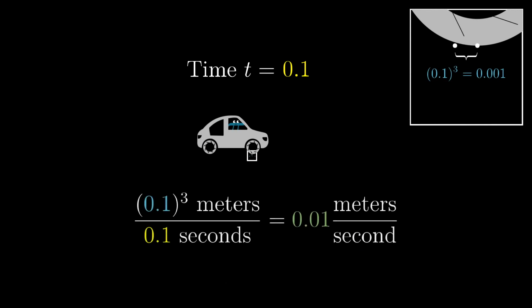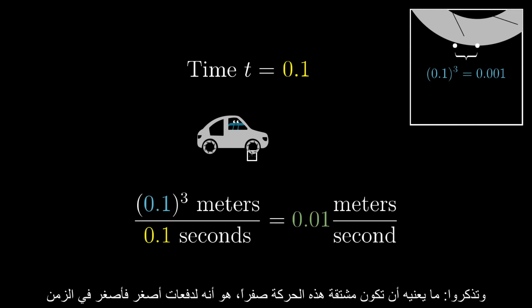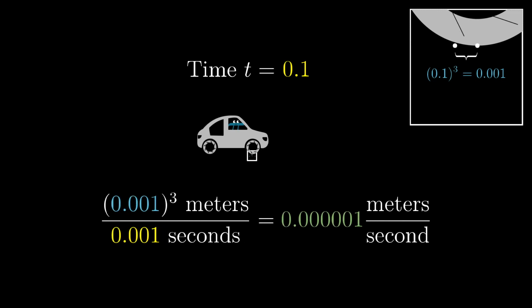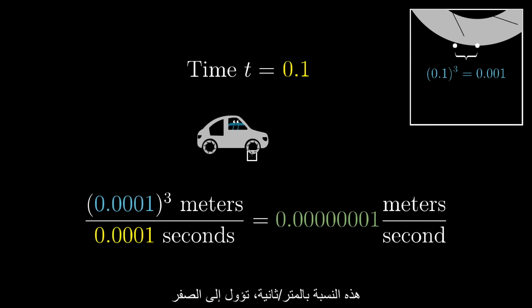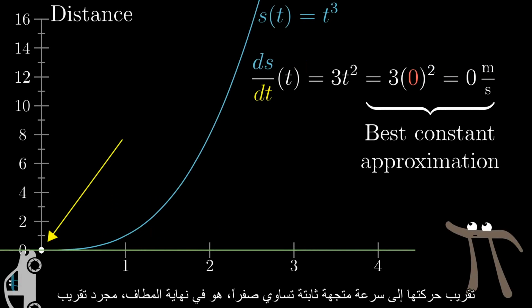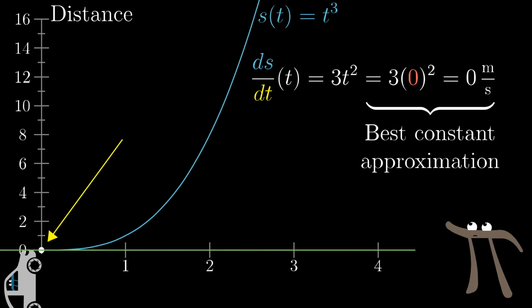That's very small, and importantly, it's very small compared to the change in time, giving an average speed of only 0.01 meters per second. And remember, what it means for the derivative of this motion to be 0 is that for smaller and smaller nudges in time, this ratio of meters per second approaches 0. But that's not to say that the car is static. Approximating its movement with a constant velocity of 0 is, after all, just an approximation.